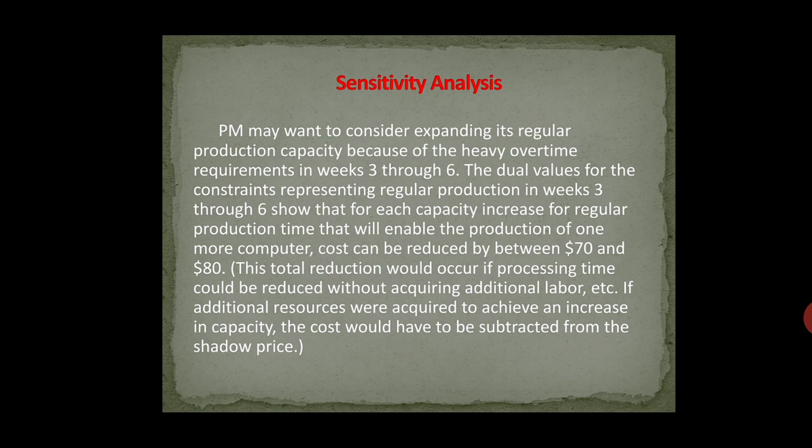This total reduction would occur if processing time could be reduced without acquiring additional labor, etc. If additional resources were acquired to achieve an increase in capacity, the cost would have to be subtracted from the shadow price.